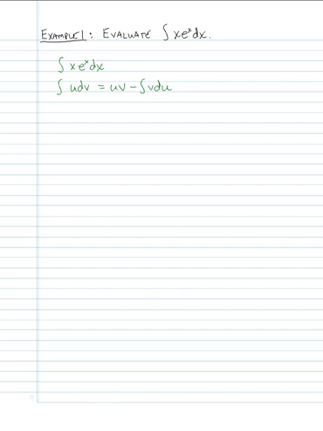Let me write a few notes here before we move on. Now, as I've noted, we're trying to equate our x e to the x dx with u dv. And the key is to make the right choice for dv.